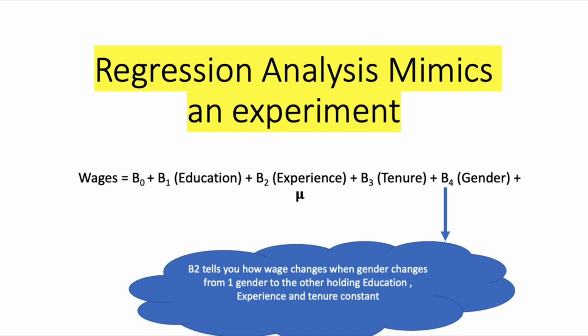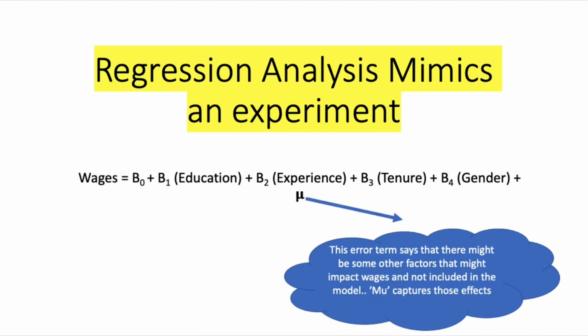And finally, the last thing over here is this mu you see in the equation, which is the error term. Notice that experience, tenure, and gender are not the only factors that impact wages. There might be multiple factors that we've missed out.